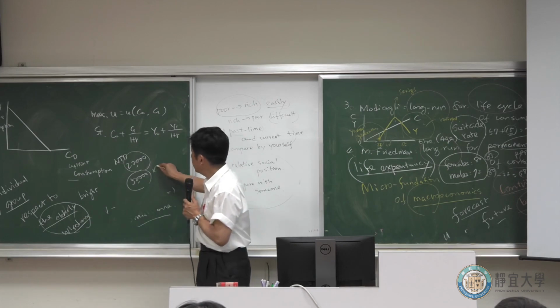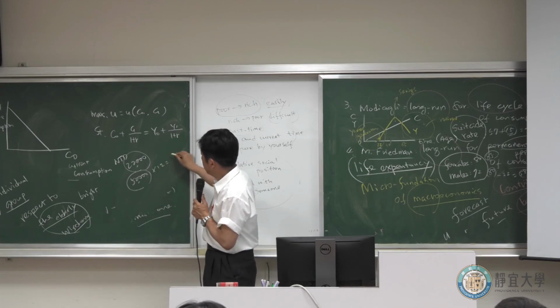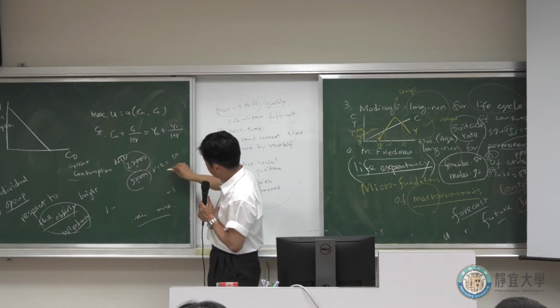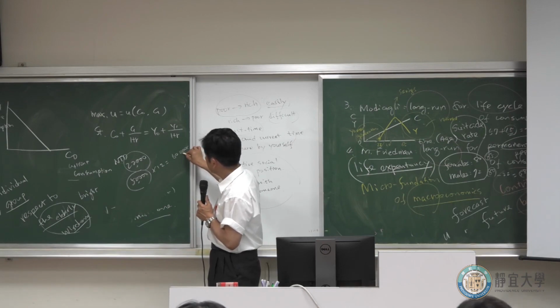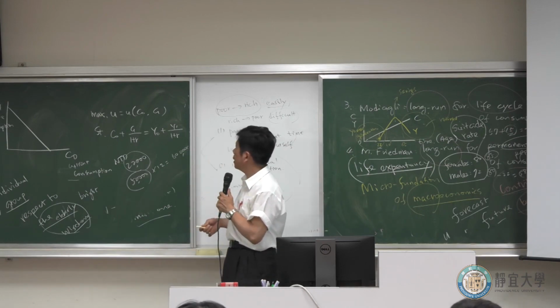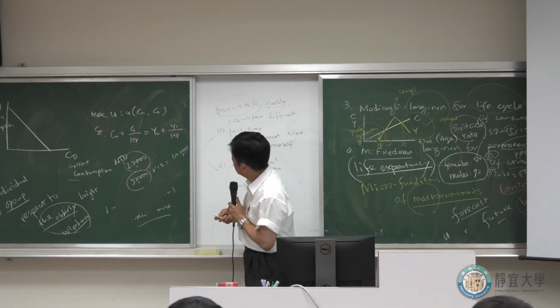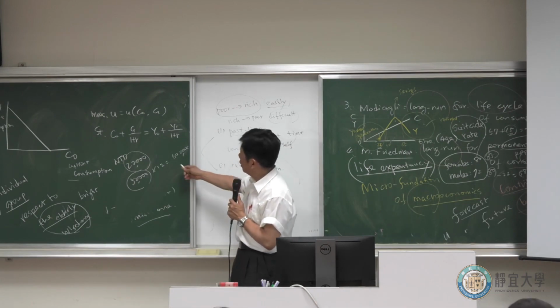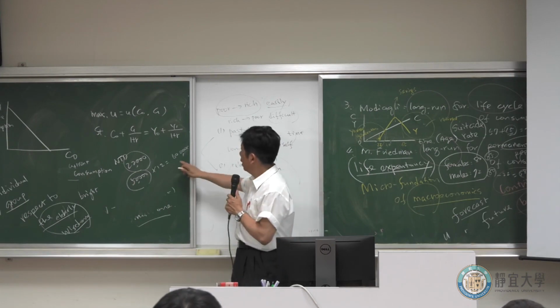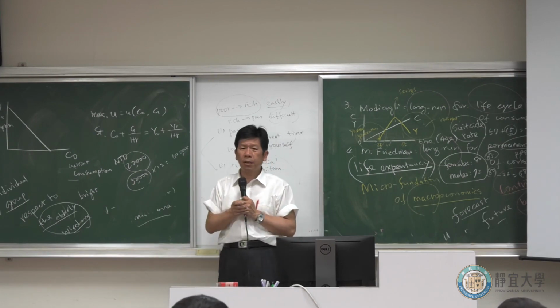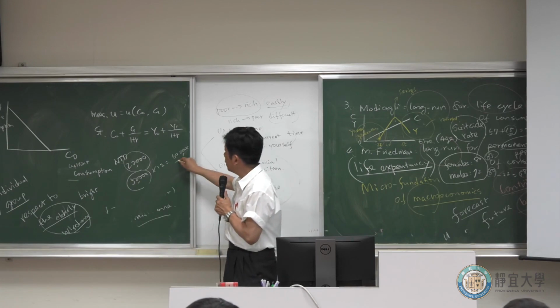So 1 year you get 600,000. Okay, this is for 1 year.